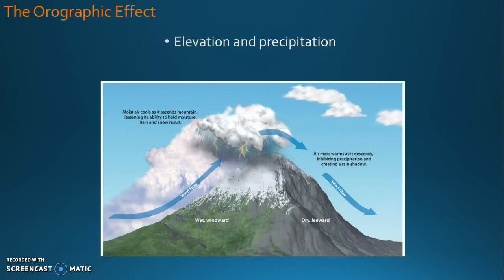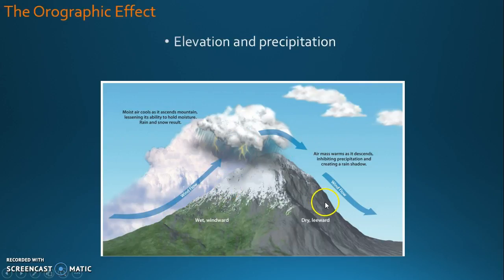The orographic effect, meaning that when you have a mountain, the side of the mountain that is facing the wind will be wetter, because as wind rises over the mountain, it cools, and as it cools, the moisture inside that air condenses out and it rains on what we call the windward side of the mountain.